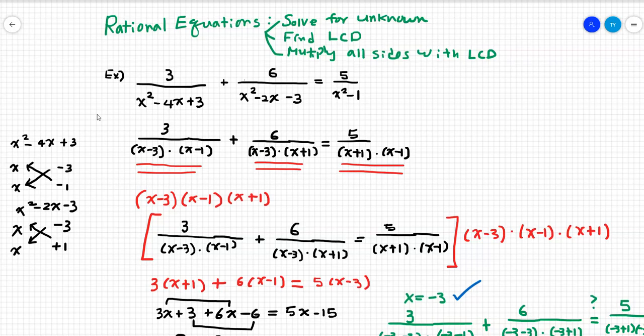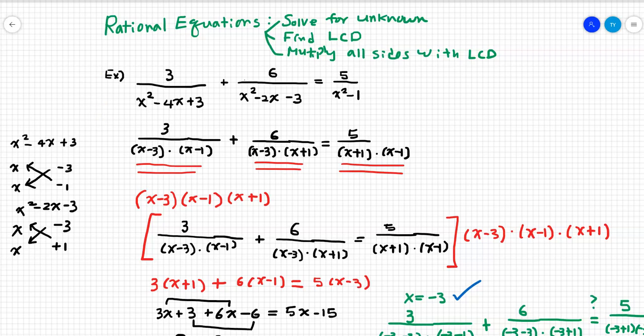The second thing here is that in order to make solving a rational equation easier, we have to find the LCD, and you're going to have to multiply the LCD you found to all 3 sides.